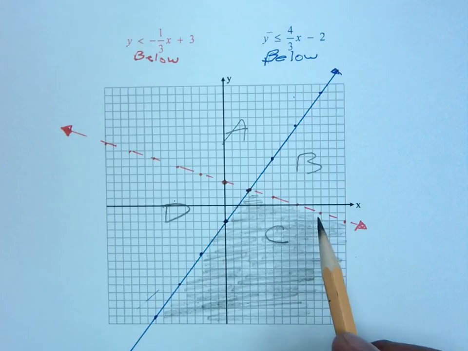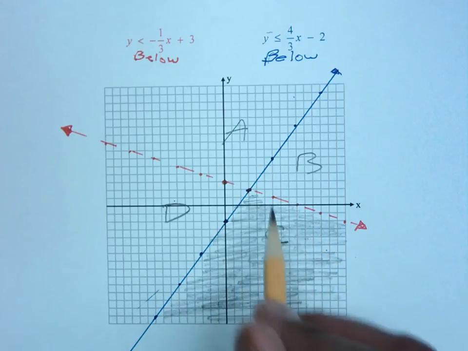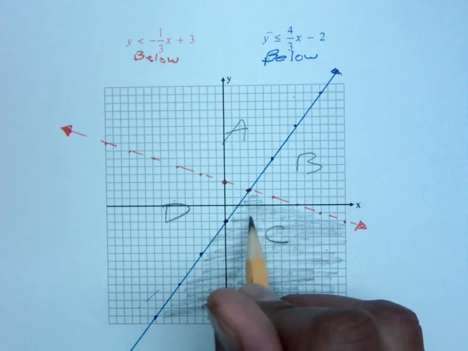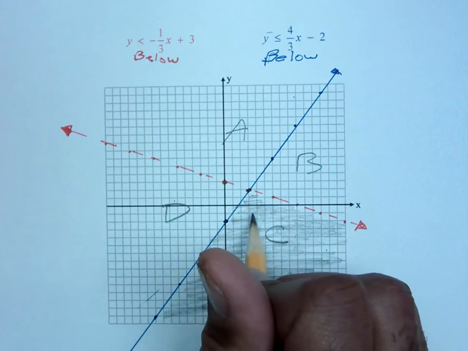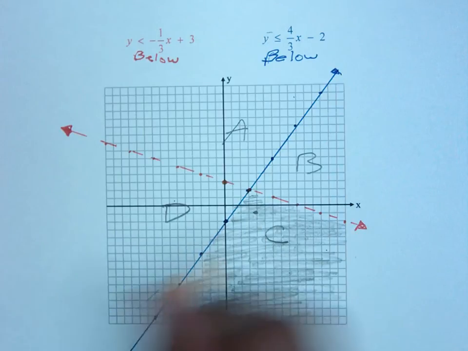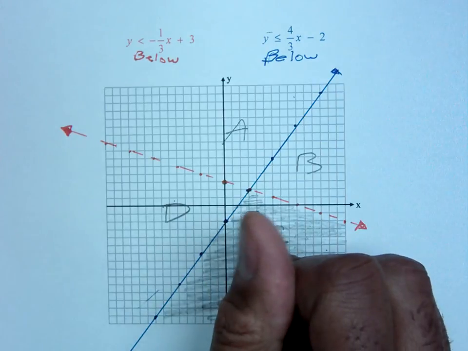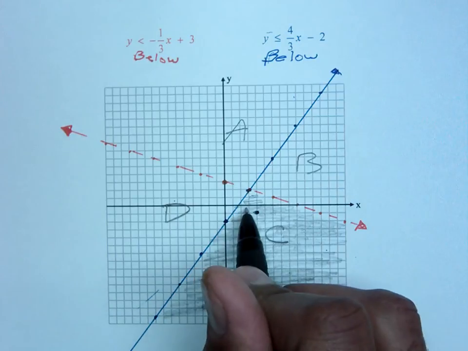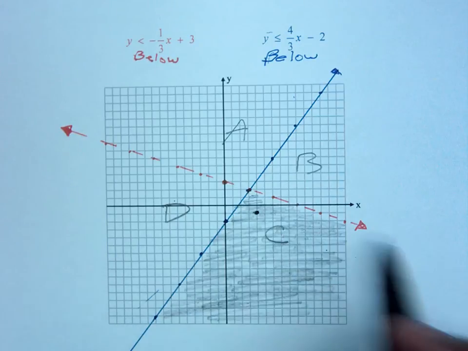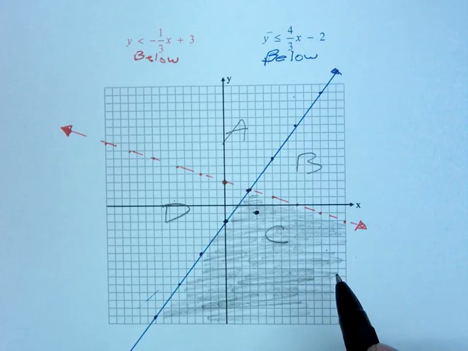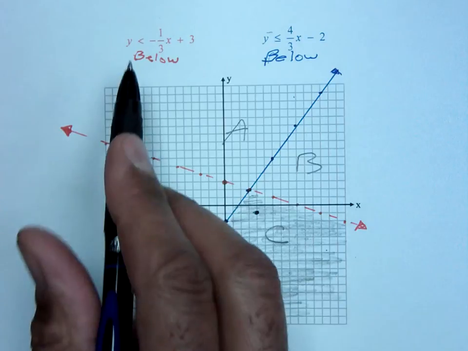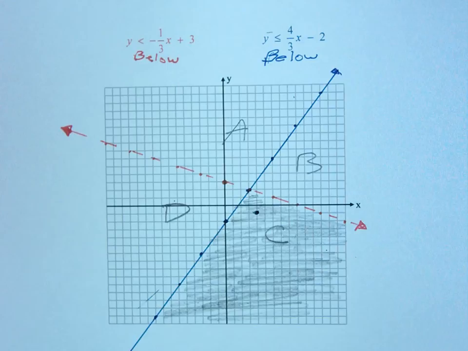I'm going to pick a point that's relatively easy to substitute in. Let's say, how about this point right here? It's going to be a small number, I think. Isn't this point going to be 4, -1? So I'm going to test 4, -1. So for the red inequality, I could substitute those numbers in.